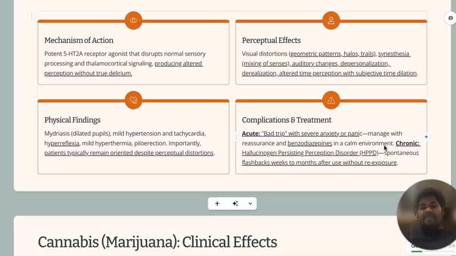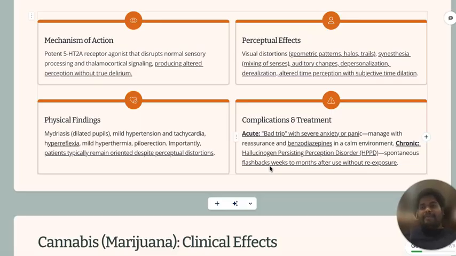Whereas if the person is taking LSD for quite a long time and is using it chronically, then at that time he may develop hallucinogen persisting perception disorder, in which he will develop persistent flashbacks weeks to months after use without re-exposure.